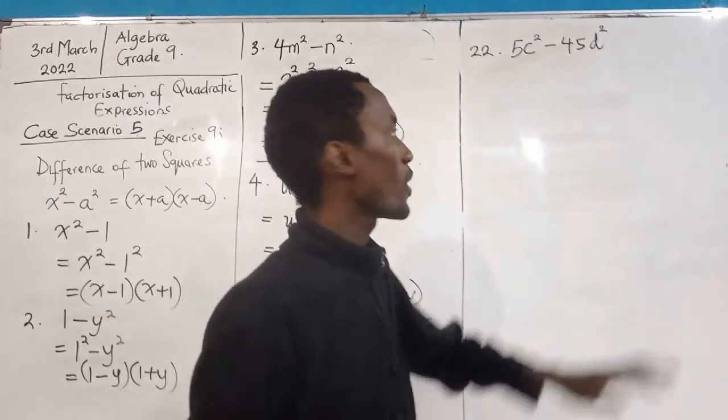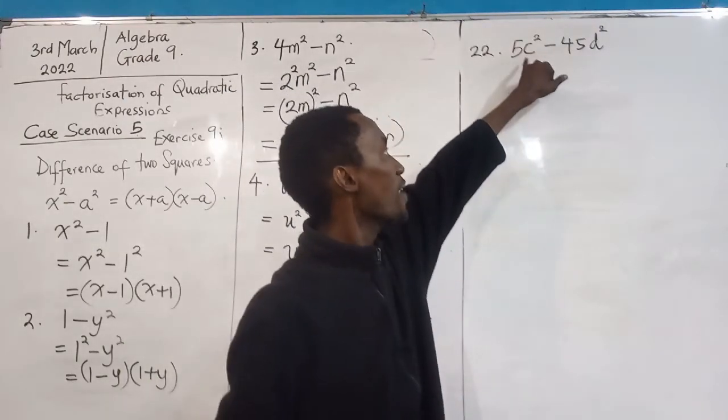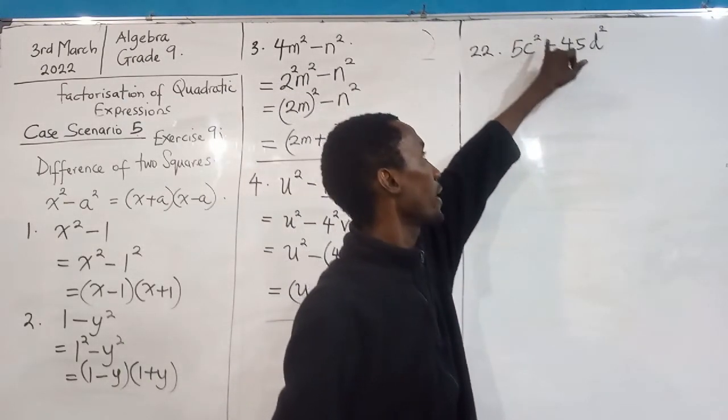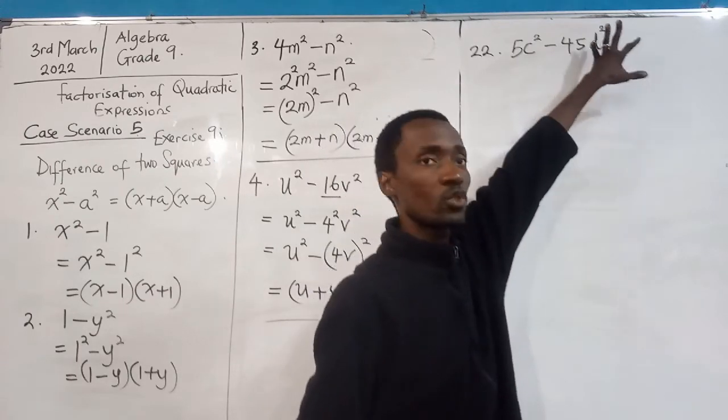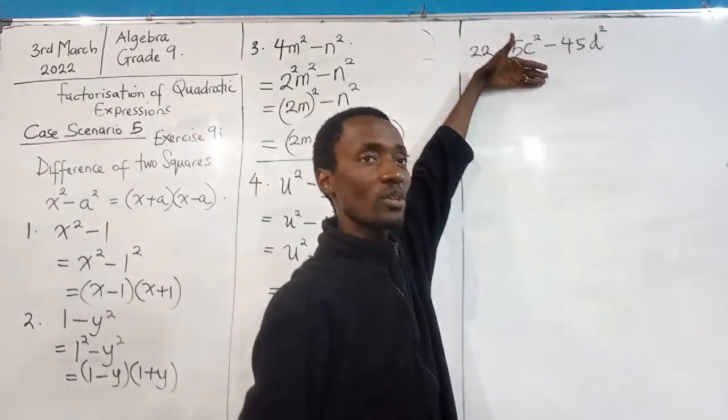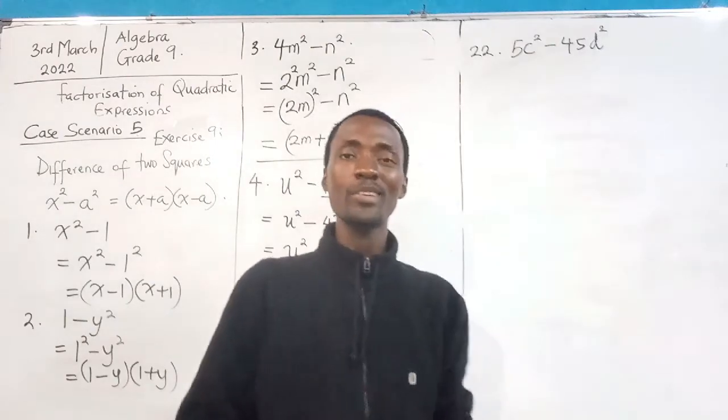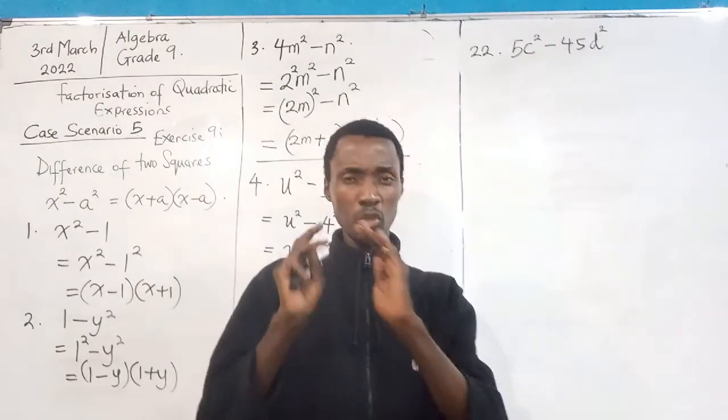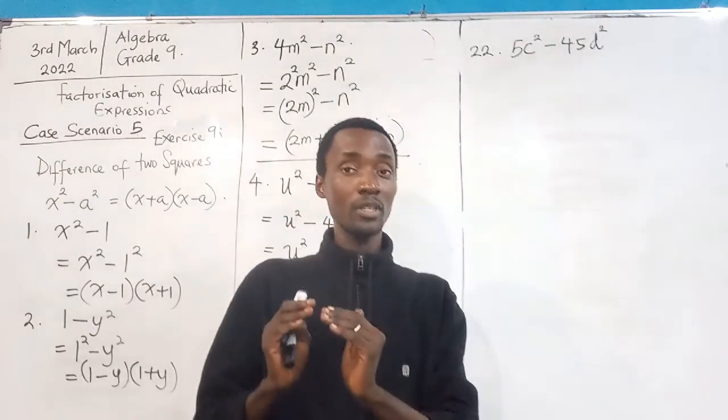More often than not, when students are given questions like 5c squared minus 45d squared, some students will simply look at the question and say it's not possible because you have narrowed yourself to just the concept.